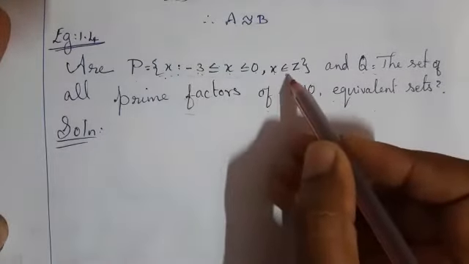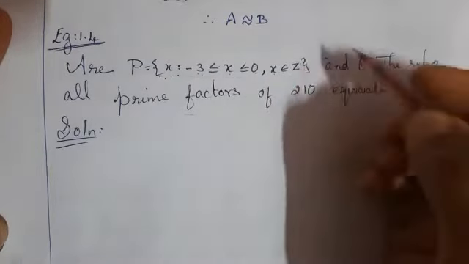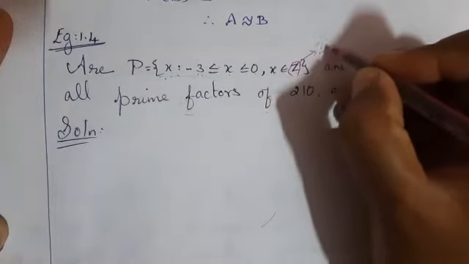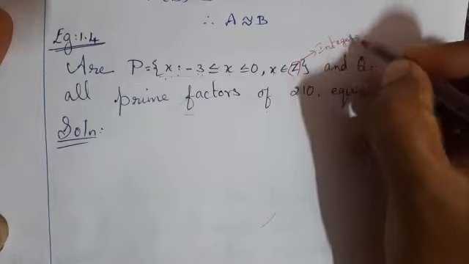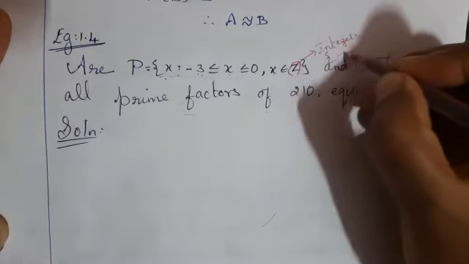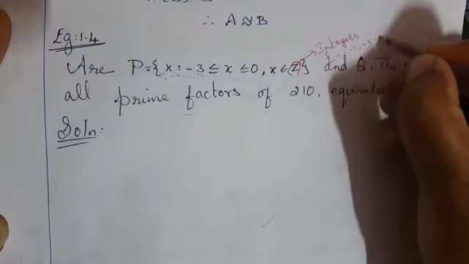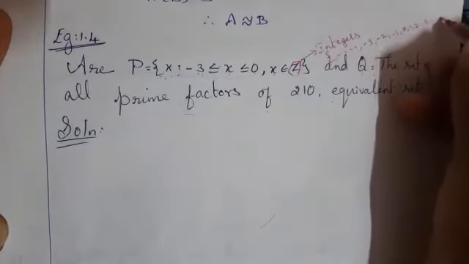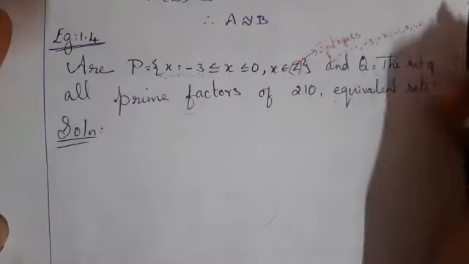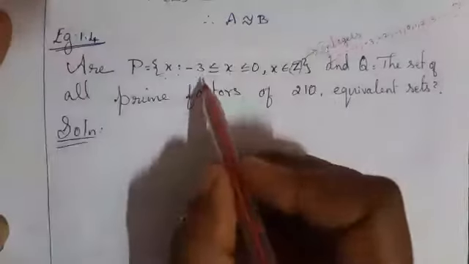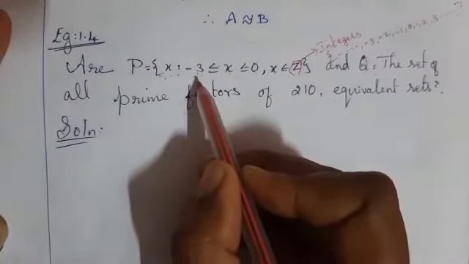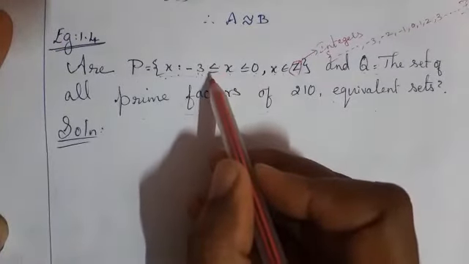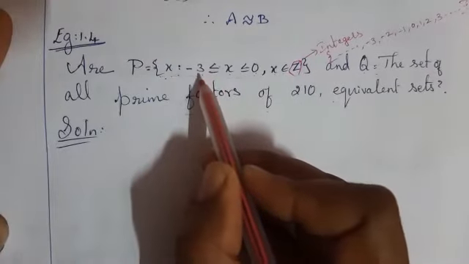Here, x belongs to Z. What is the meaning of Z? Z is the integers: minus infinity, ..., minus 3, minus 2, minus 1, 0, 1, 2, 3, ..., infinity. In these numbers you have to take from minus 3 to 0. Less than or equal to means you must include minus 3.